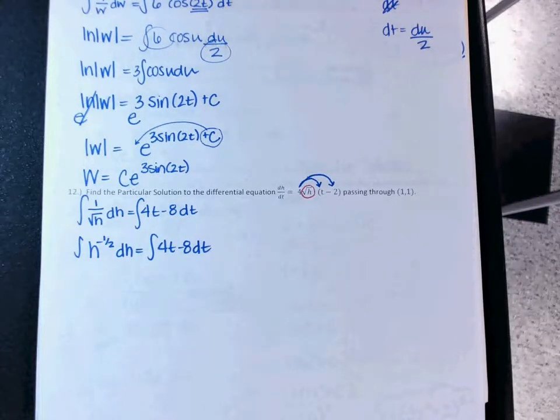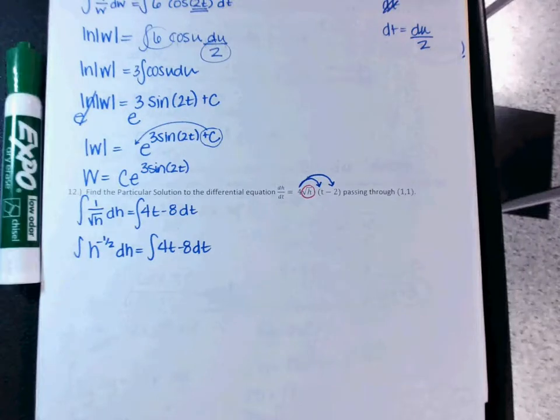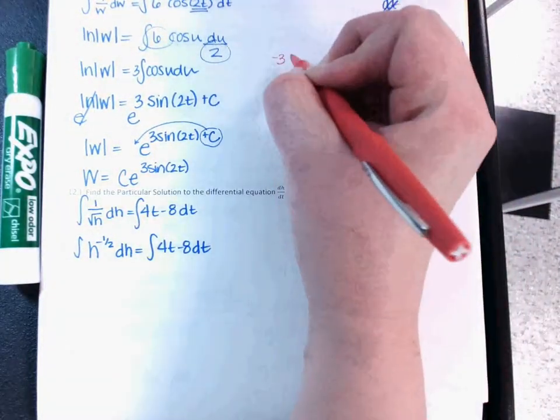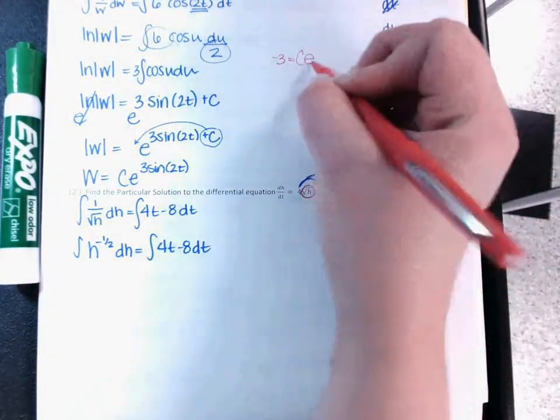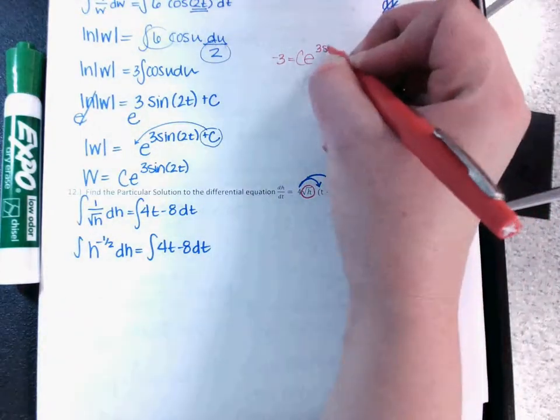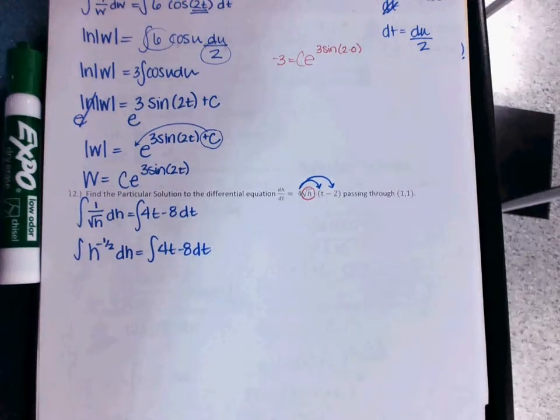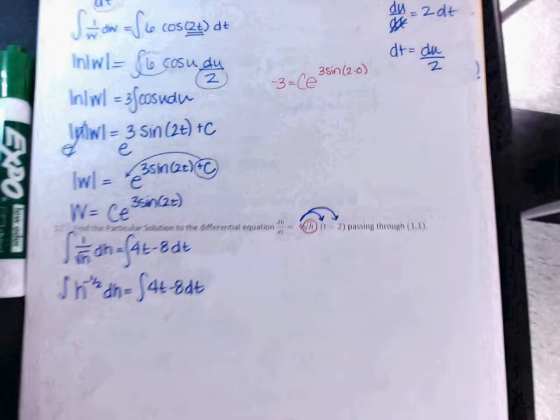Okay, so what is the answer when I plug in 0? What is the answer supposed to come out to be? -3. Very good. So right here I'd say -3 is the answer when I plug in 0. What's the sine of 0? 0.